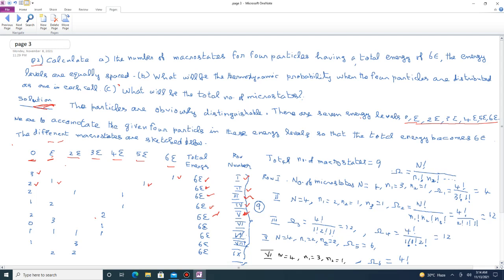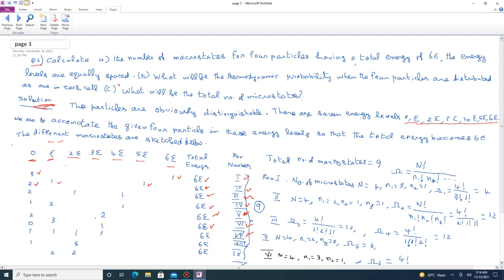Similarly, no particle with energy 0, but 3 particles with energy E, and 1 particle with energy 3E. So the total energy is equal to 6E. So that is your sixth macrostate. For the seventh macrostate, one particle with 0, one particle with the energy E, one particle with the energy 2E, and one particle with the energy 3E. 0 plus E plus 2E plus 3E, which is 6E.